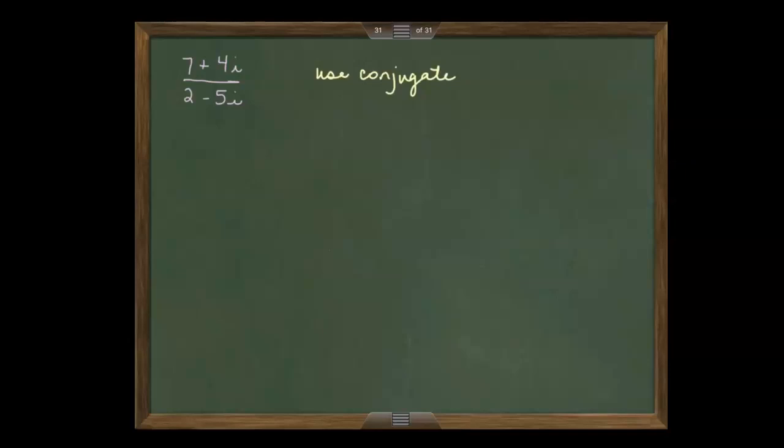Now the conjugate of a plus bi is a minus bi. So a plus bi and a minus bi are conjugates of each other. You'll notice that the first and last terms are the same. It's just the sign that joins them that is different.